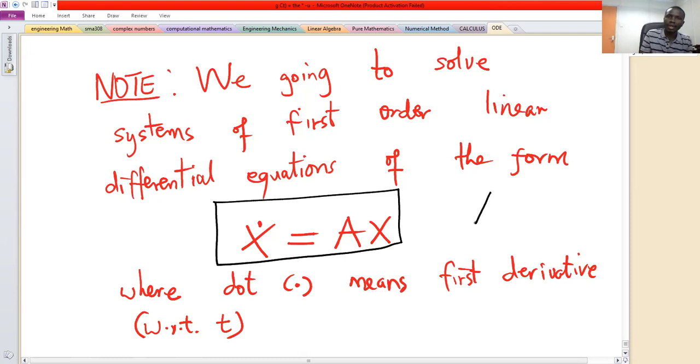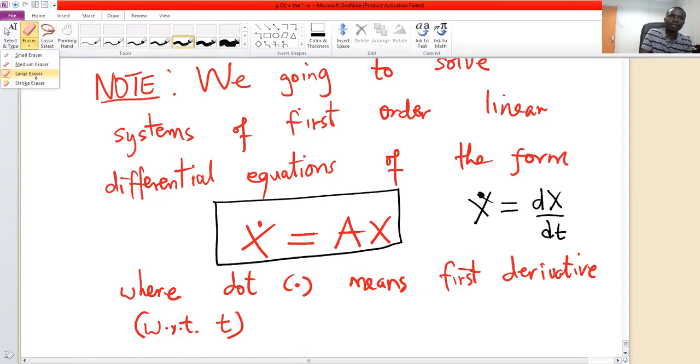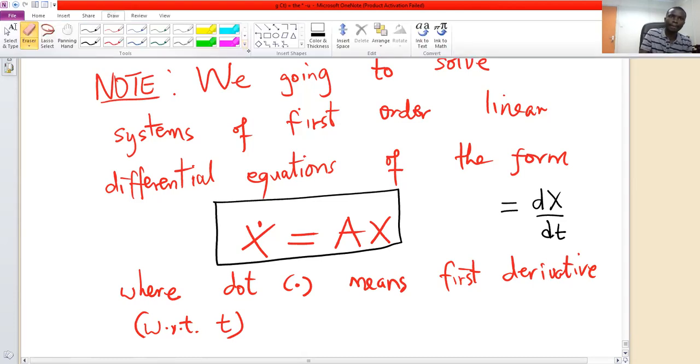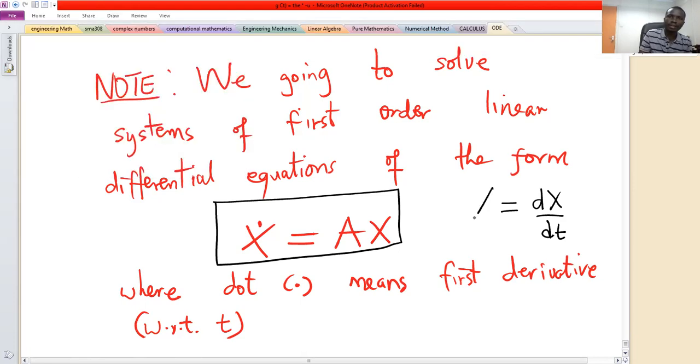So by definition, x dot means dx/dt. So simply the dot here will mean differentiation, first derivative, and if you put two dots, then it means second derivative.